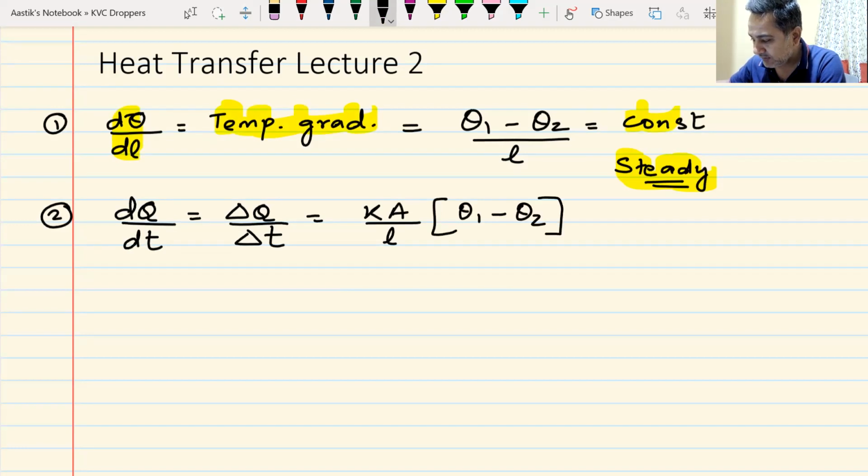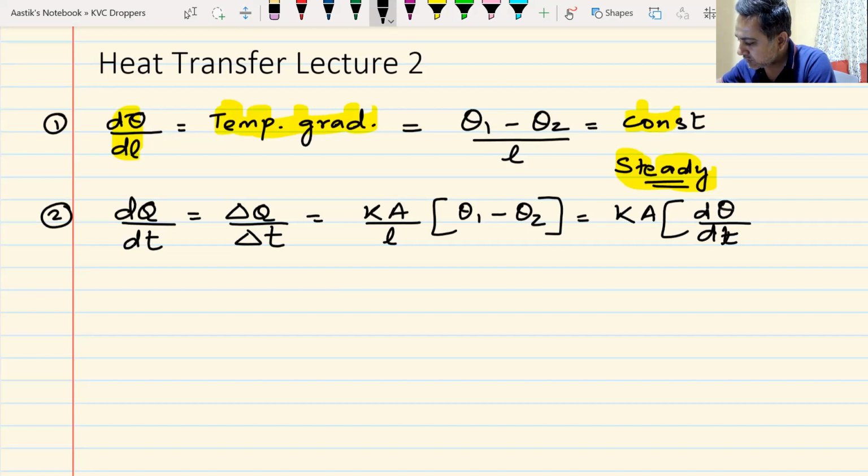We can also write it as k a multiplied by d theta by dl. This d theta by dl or theta 1 minus theta 2 by L is nothing but your temperature gradient. So in steady state, the heat flow or the rate of heat flow is constant.